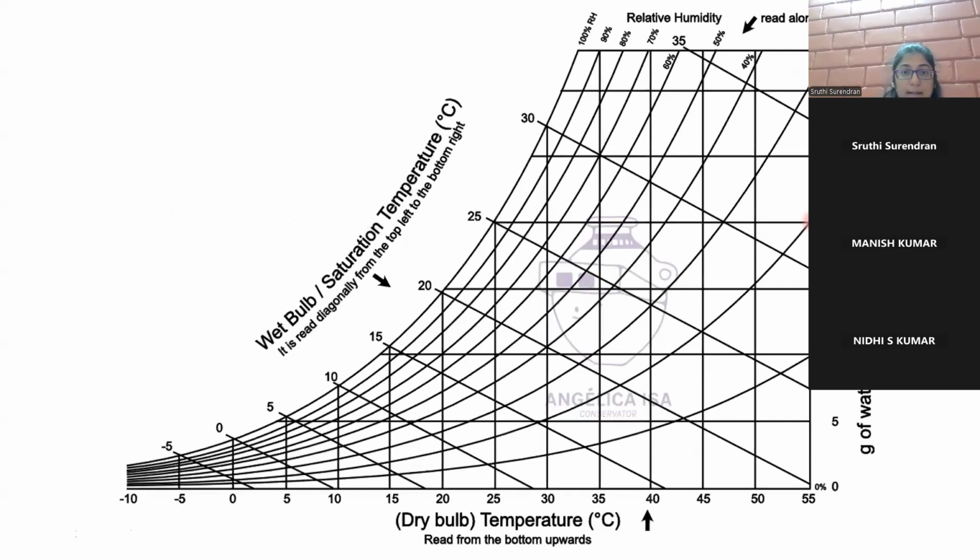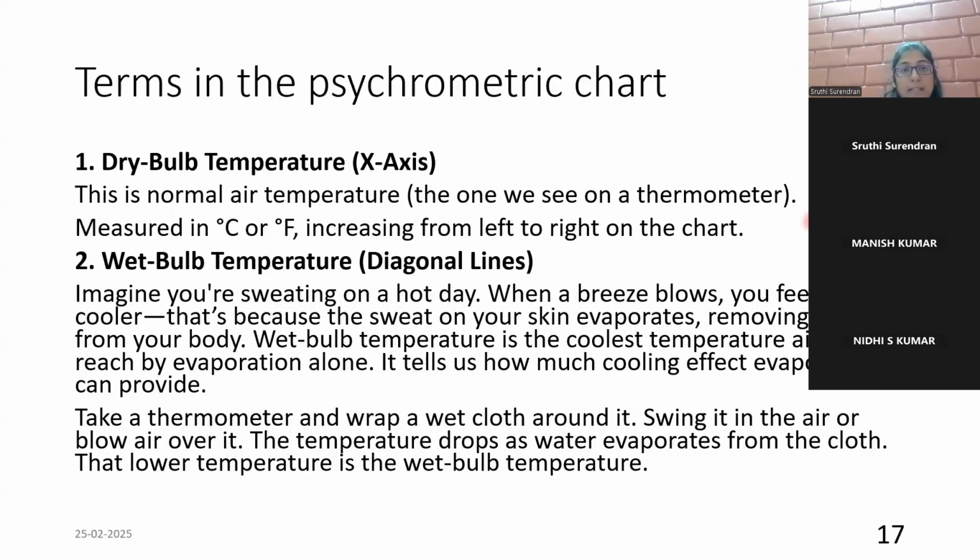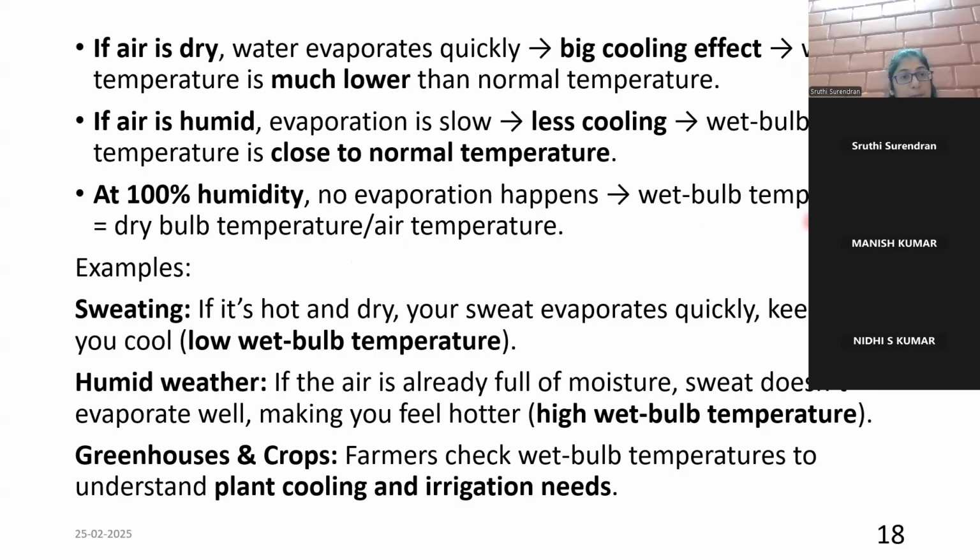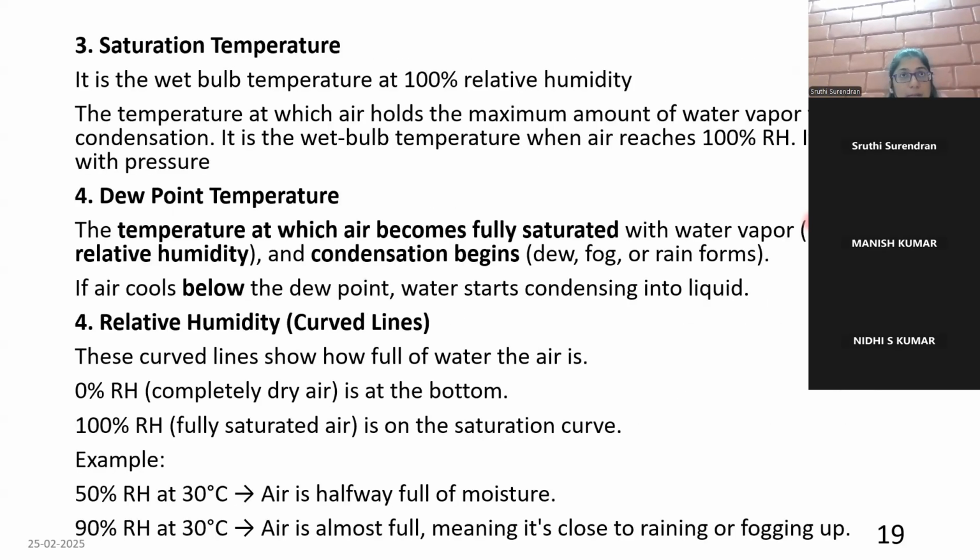Now, if you see in this graph, there is another thing called saturation temperature. Now, at wet bulb temperature, the relative humidity is 100%. More evaporation cannot take place.